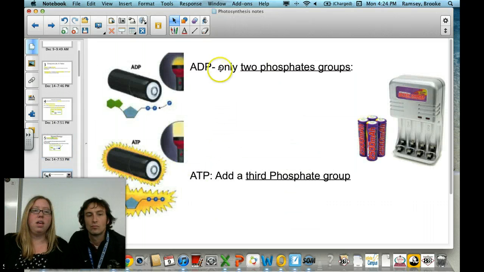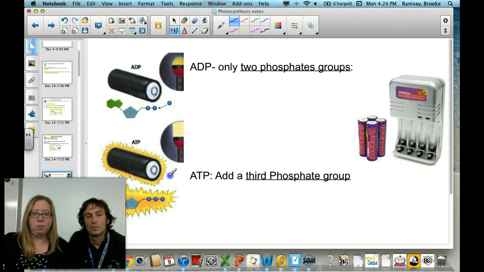So again, illustrating, ADP only has two phosphates, but then when you want to form ATP, you add a third phosphate, and then that is basically what charges the ATP molecule. And it's the third bond where that high energy is located.